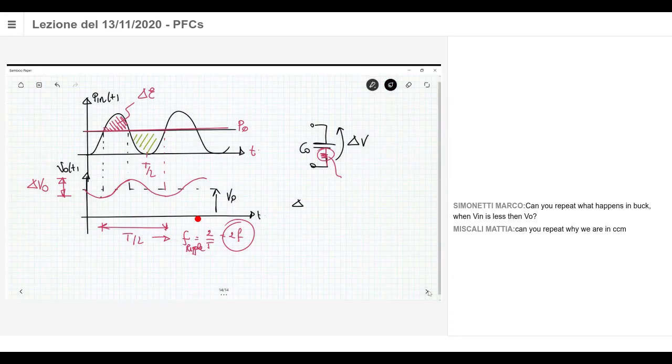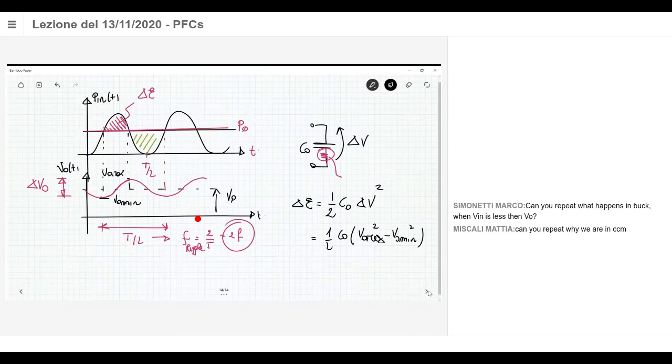So delta E is the energy that I can provide. This energy in a capacitor is 1/2 C naught for the delta voltage squared. So that means it is 1/2 C naught, supposing that this value is V naught minimum and this is V naught maximum, so I have (V naught maximum minus V naught minimum) squared.